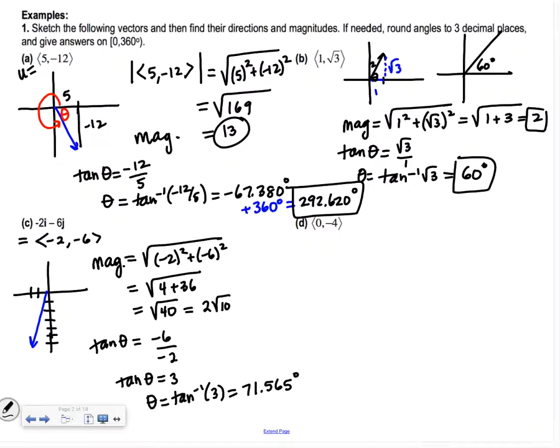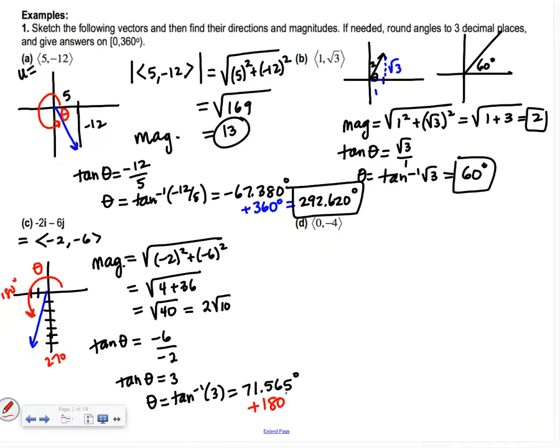Did you guys all get that? No, because it's not right. Where do we say we want our theta? It has to be between 180 degrees and 270 degrees, right? Because we want this measurement right there. That's our theta. So what should we do?